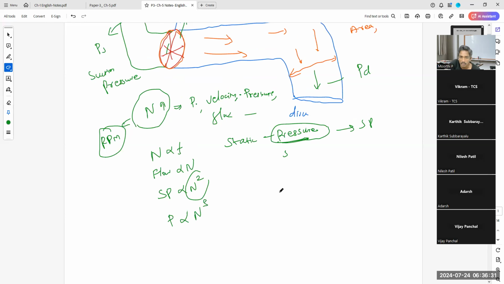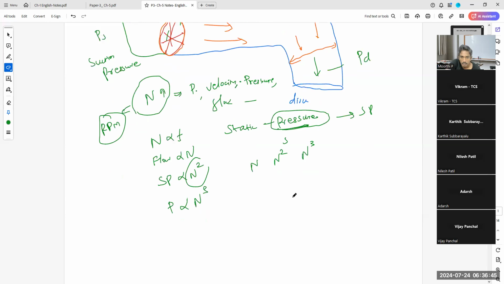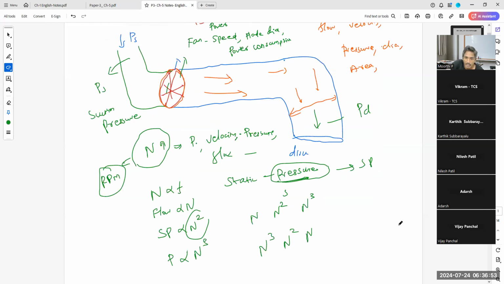How to relate this one? Very important. Here, N square, N cube. Otherwise, simply you can remember N cube, N square, N. How to relate this? N cube.